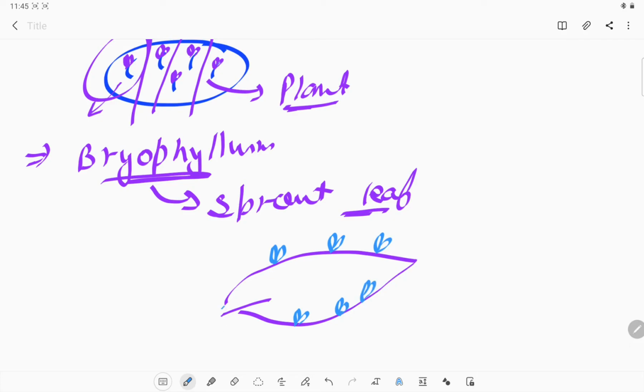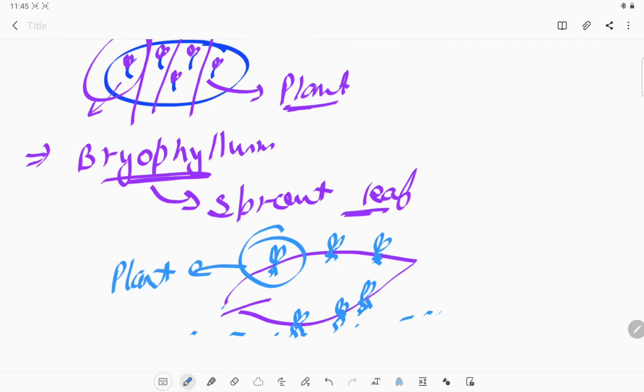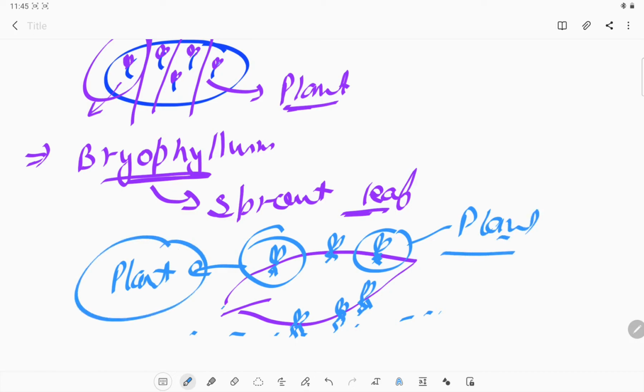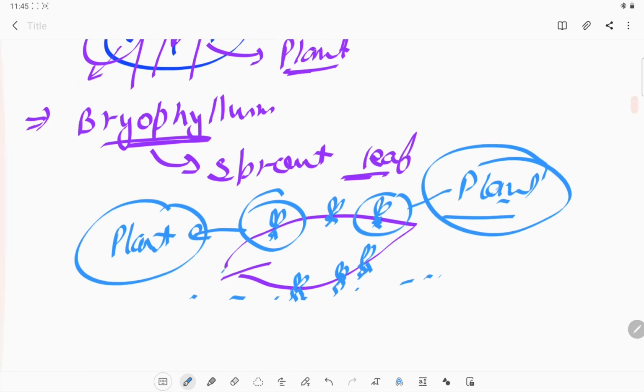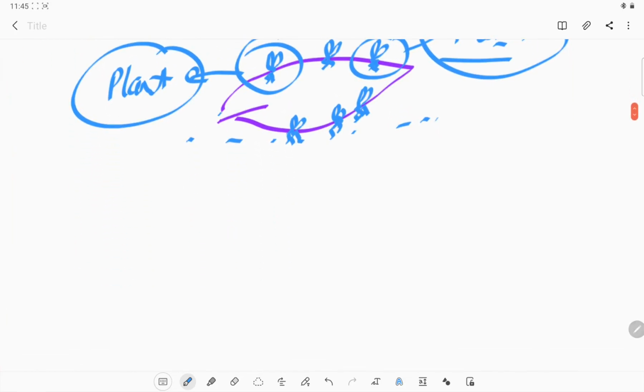Now this leaf will fall down on the soil, and on that soil roots will come out from all these parts of the leaves. So this will grow into another plant, and this will grow into another plant. All these new plants are growing without any fertilization. So this is also an example of how we can do the vegetative propagation process, which is an asexual reproduction.